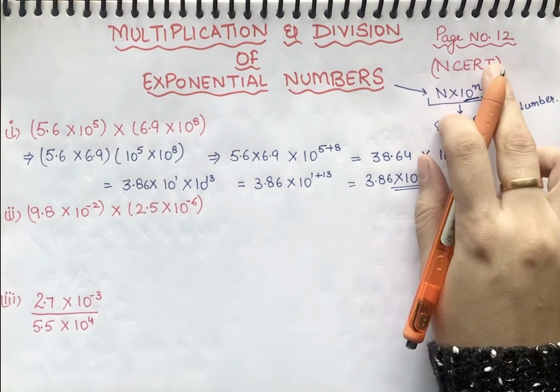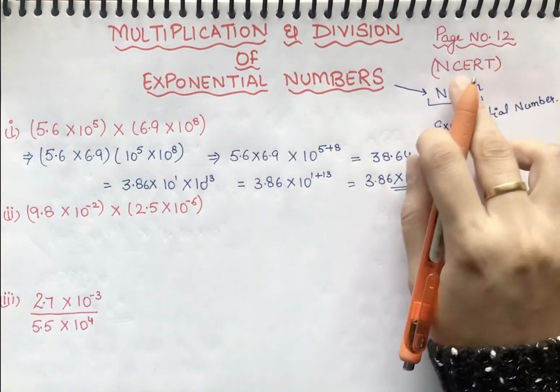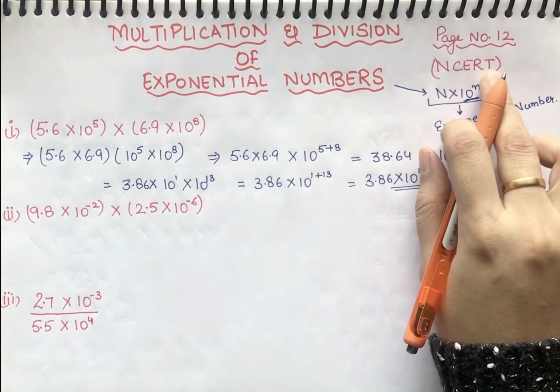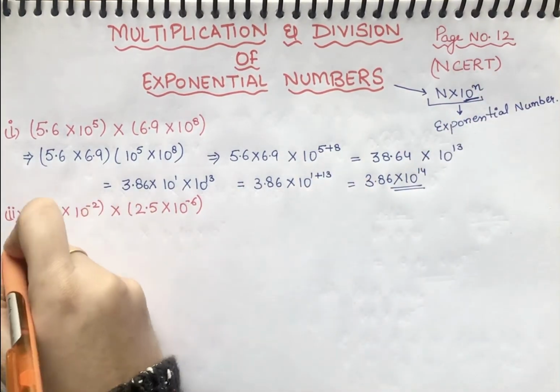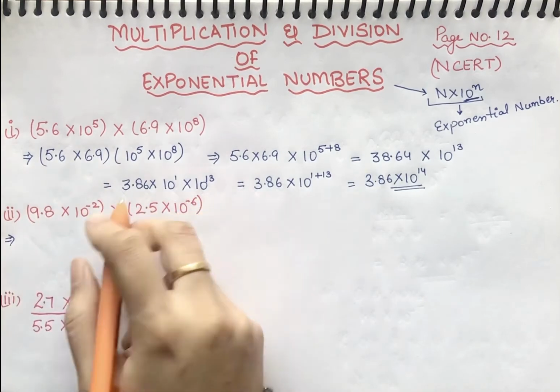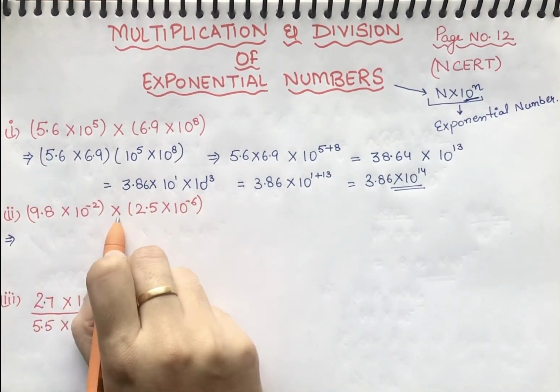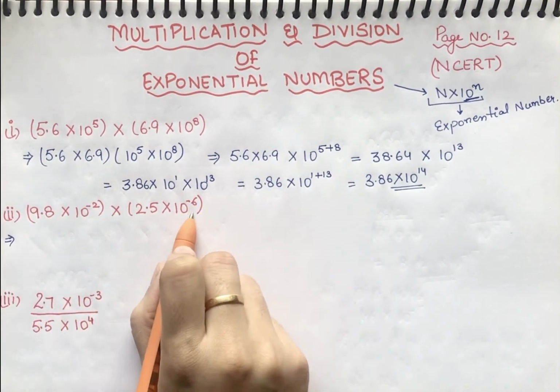These problems are present on page number 12 of NCERT, so you can check these problems and solve them by yourself. Now let's see the next one. We have 9.8 into 10 raised to power minus 2 into 2.5 into 10 raised to power minus 6.